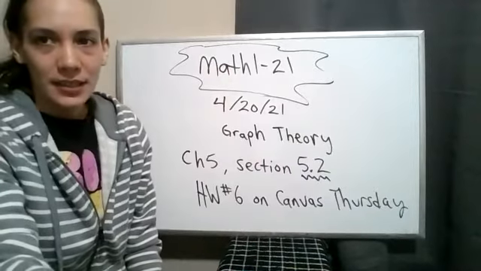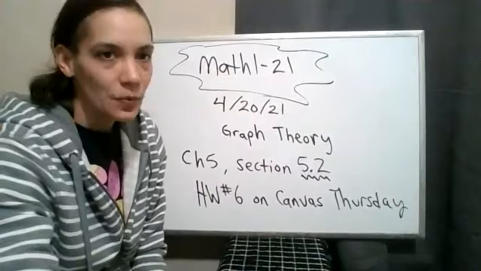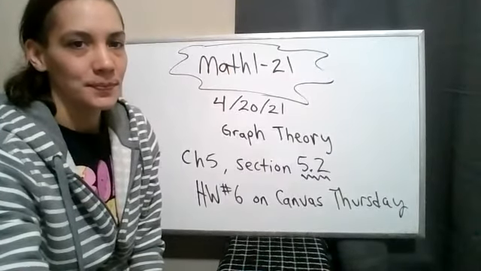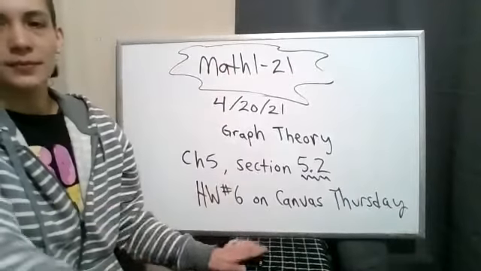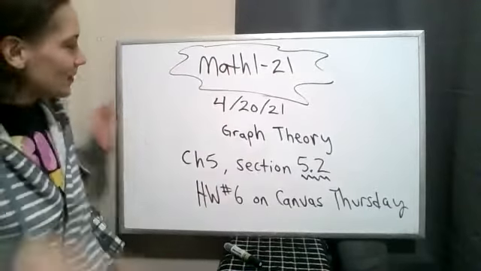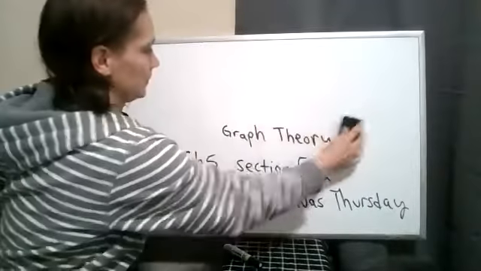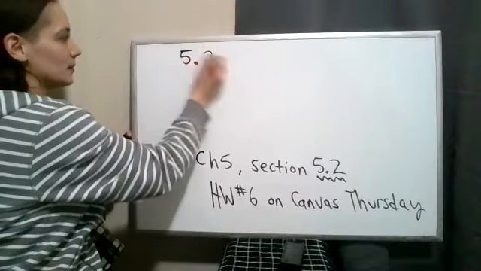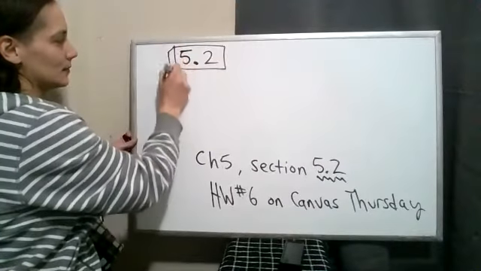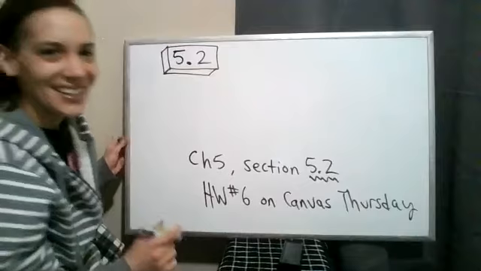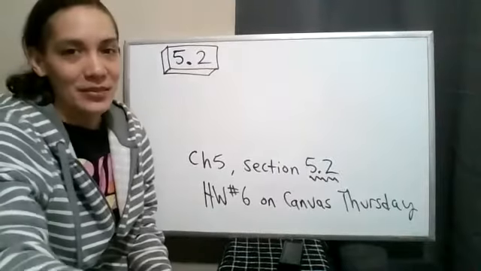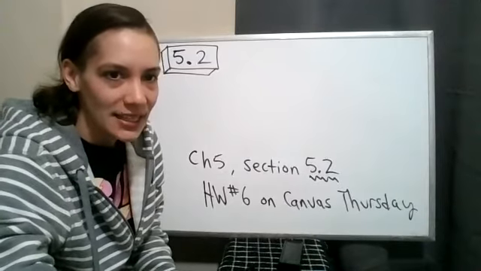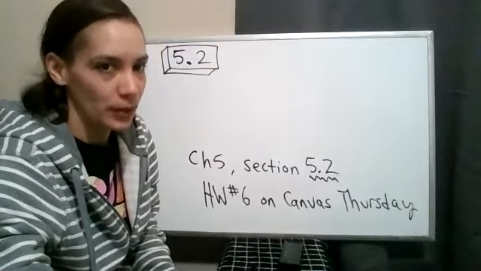Okay, so first, we're going to talk about a loop. Sorry, I'm reading from my screen. An edge that connects a vertex with itself is called a loop.